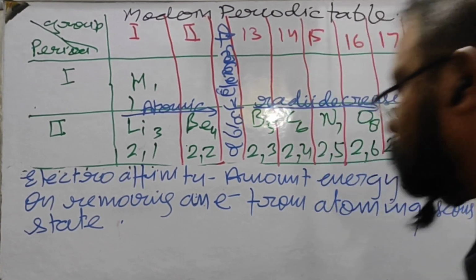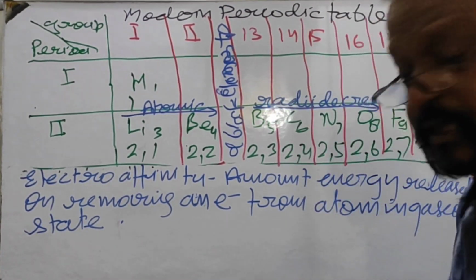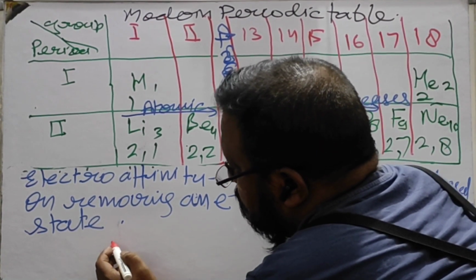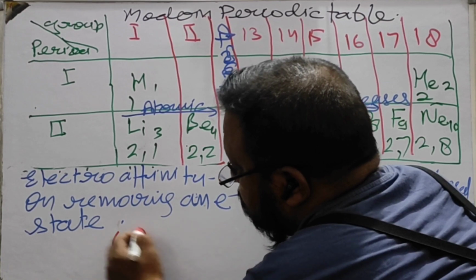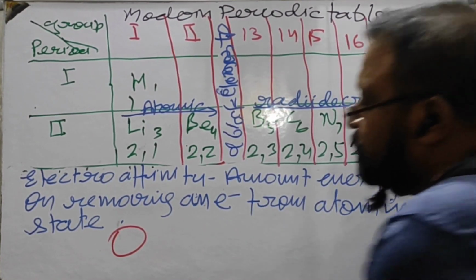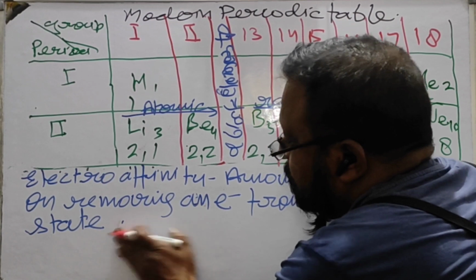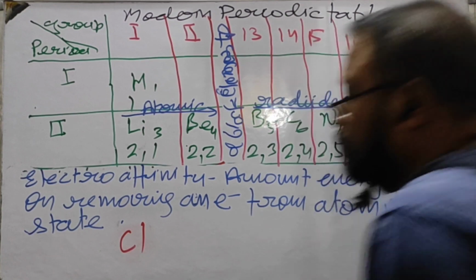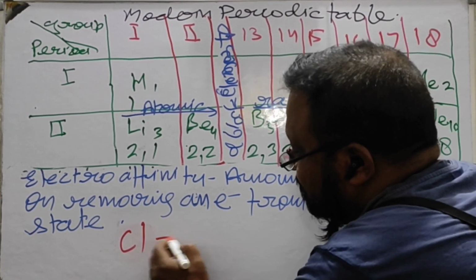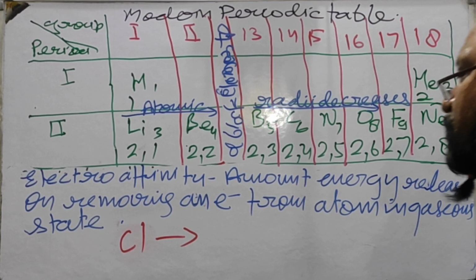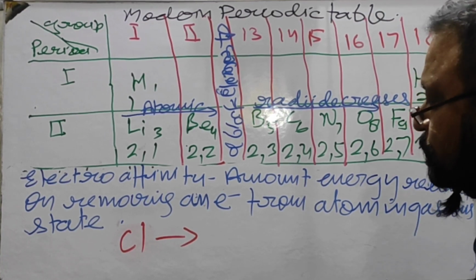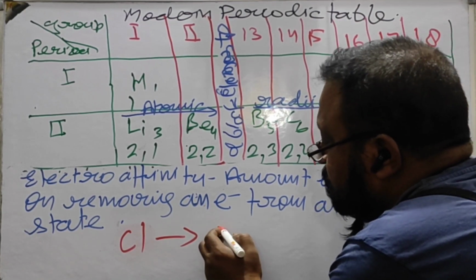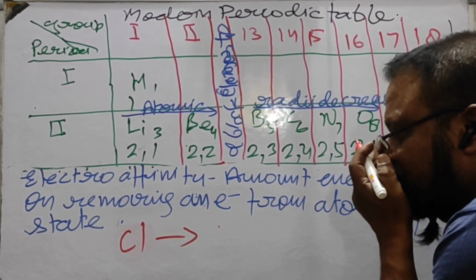Like we talk about, say there is oxygen, or like chlorine. Chlorine is having 7 electrons, right? So when we remove an electron from it, it needs a high amount of energy. When you remove an electron, it gets a positive charge.